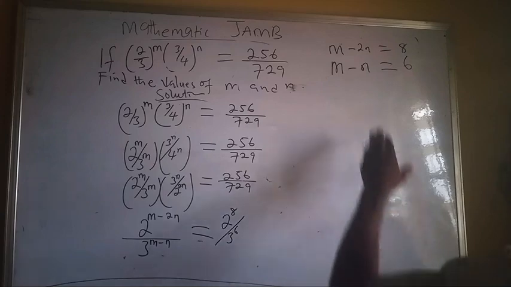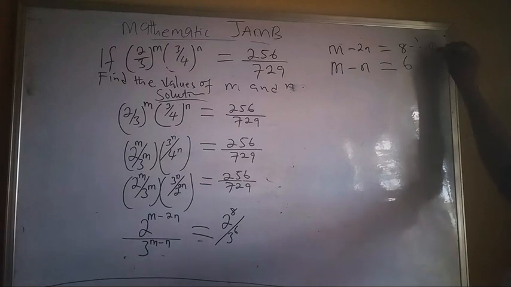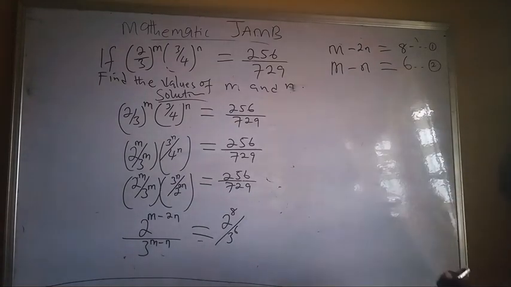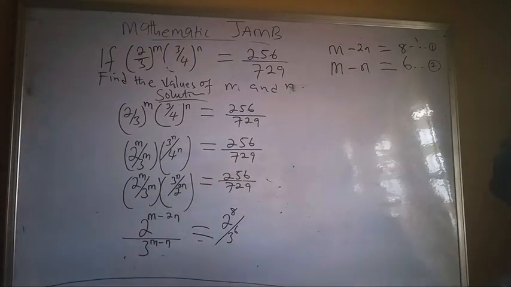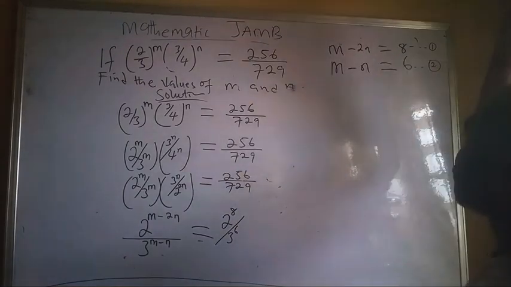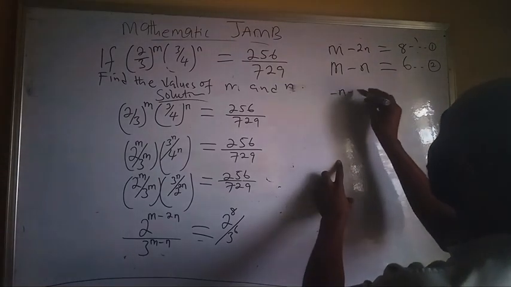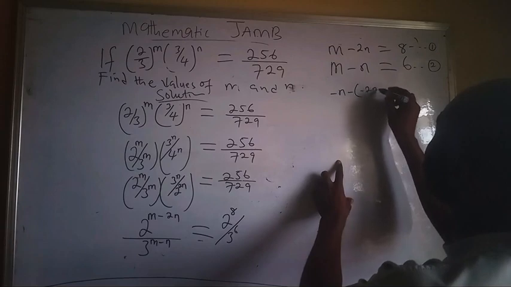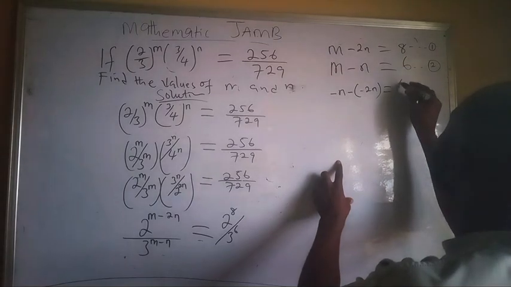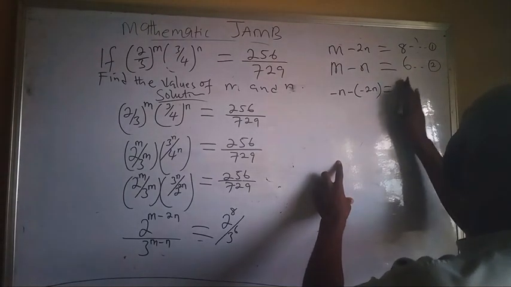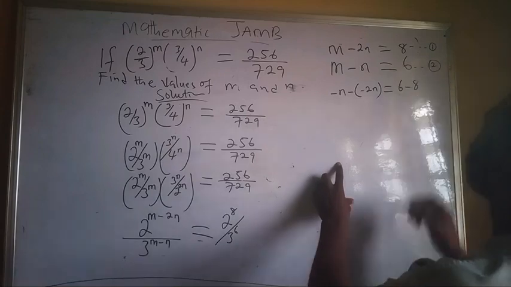Let's call this one equation 1 and this equation 2. So here subtract equation 2 from equation 1. That is m minus m will give you 0, minus n minus minus 2n is equal to 6 minus 8.